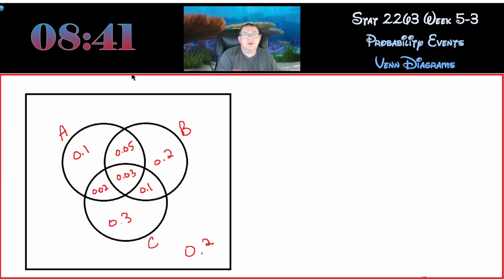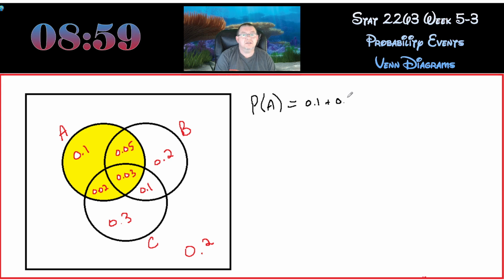And then we can look at what questions we could do from this Venn diagram. So we could ask, what's the probability of A? And we see that A is 4 zones. So we're going to just simply add those up. 0.1 plus 0.05 plus 0.02 plus 0.03.